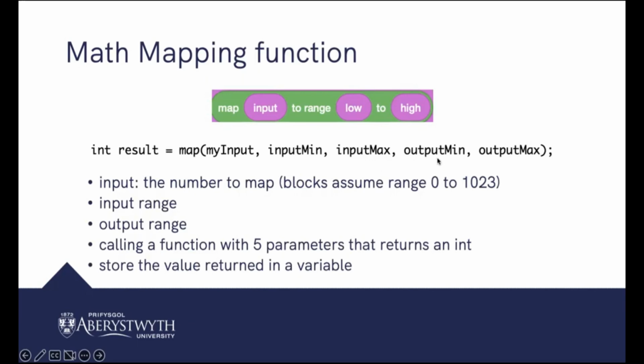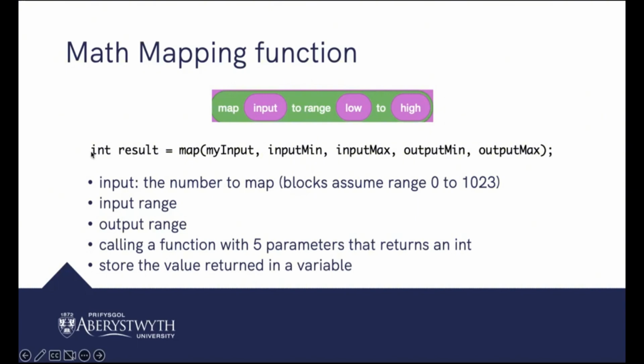We can then specify what the range of values is for the output. And if we're doing it for the LED, then that would be 0 to 255. So we can now take our input and tell it what range we want to start from and what range we want to end up in. And that will then return a number to us that we can then make use of in our programs.